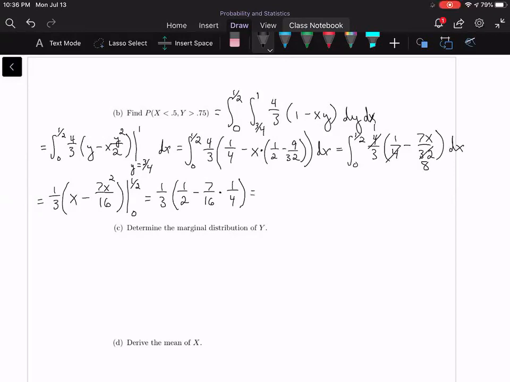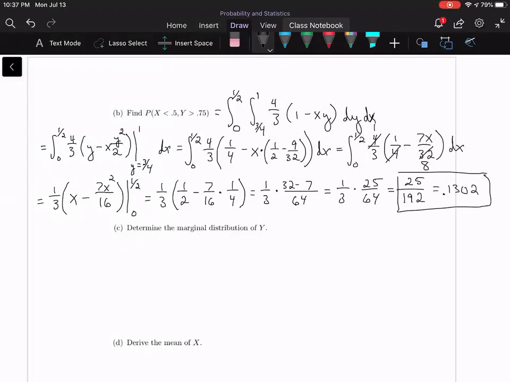And then when we get a common denominator for the inside, it's going to be 64. So we've got 32 minus 7, which is going to be 1/3 times 25 over 64, which is 25 over 192, which, as I said earlier, is 0.1302.